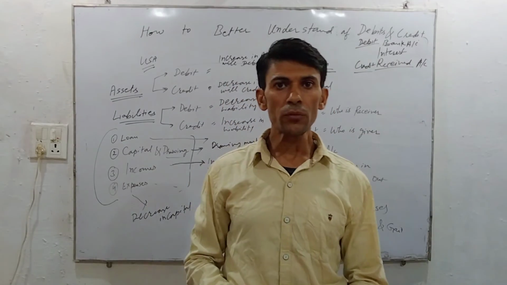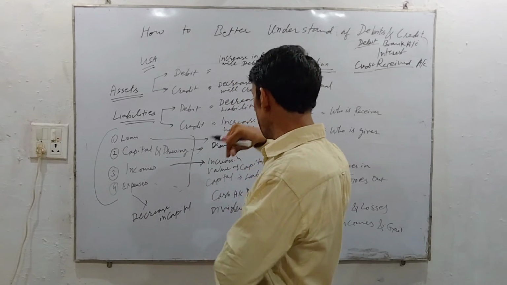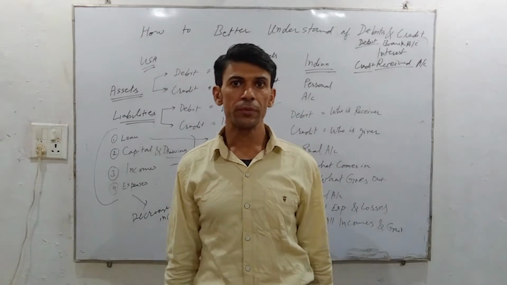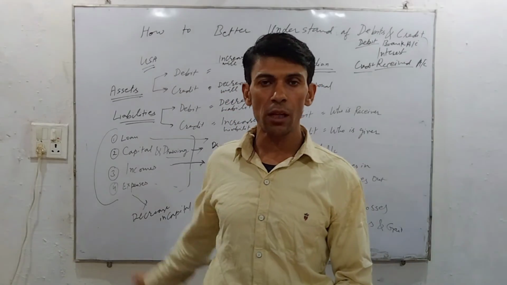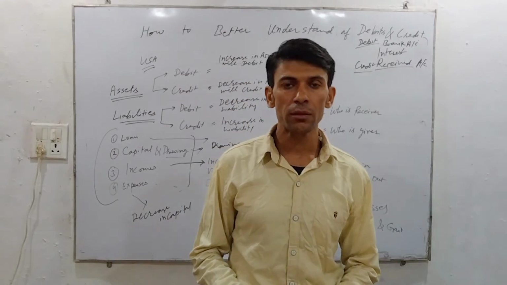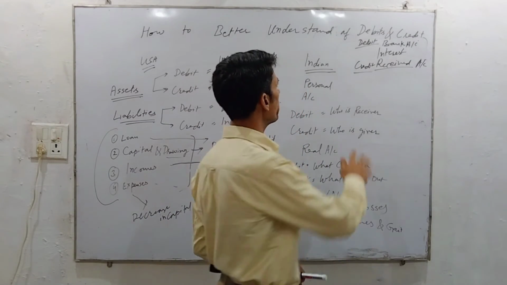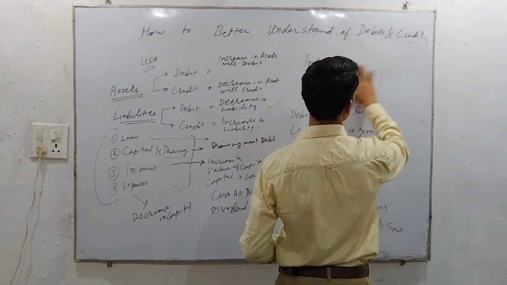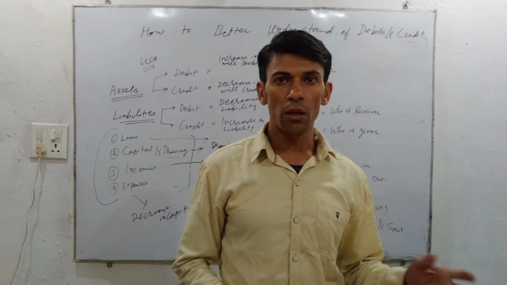Okay, one more: drawing. It is also an expense, a personal expense. So personal expenses are also debit; all expenses and losses are debit, whether or not the business owner repays.